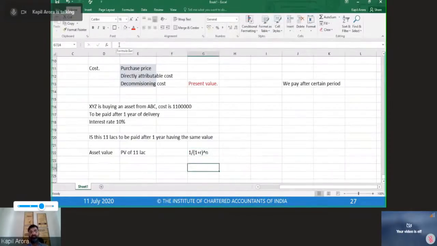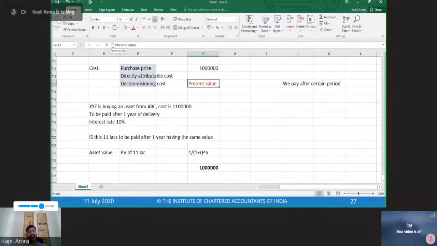So here 11 lakh divided by 1 plus R, which is 1.1 raised to power 1, because here we just have the gap of 1 year. So my value here is 10 lakh. So my purchase price, instead of 11 lakh, I will consider 10 lakh.